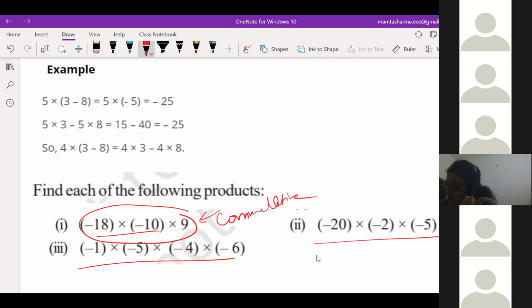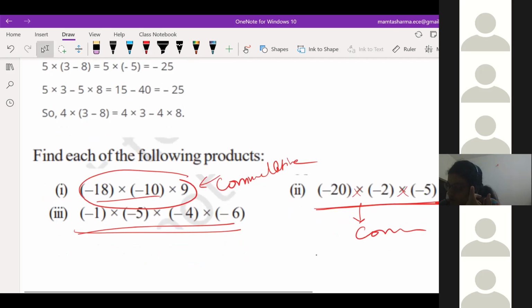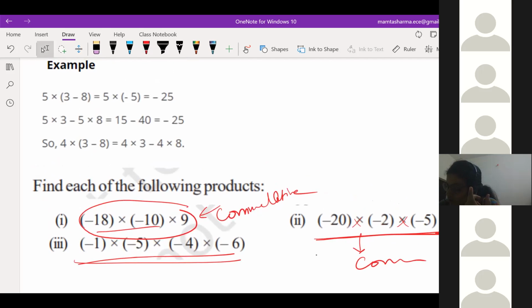In the second question, which property will satisfy? Ma'am, associative, I think. No, commutative. Ma'am, it's commutative only. In the third question, ma'am, the first one is not commutative, I think so. Ma'am, how?